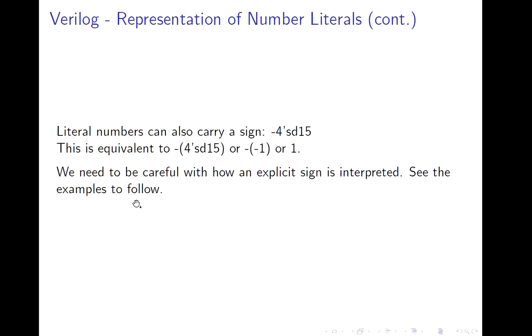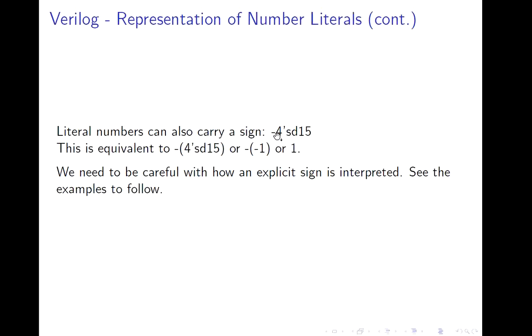And now literal numbers can also carry a sign. For example, I can represent a decimal number with a negative sign itself. Unlike binary numbers, which are represented with the help of signed and unsigned, that is 2's complement and 1's complement, where I represent negative numbers with the 2's complement method or extend the last digit to make sure the sign is represented, when it comes to decimal number representation, I can directly use a mathematical negative sign.